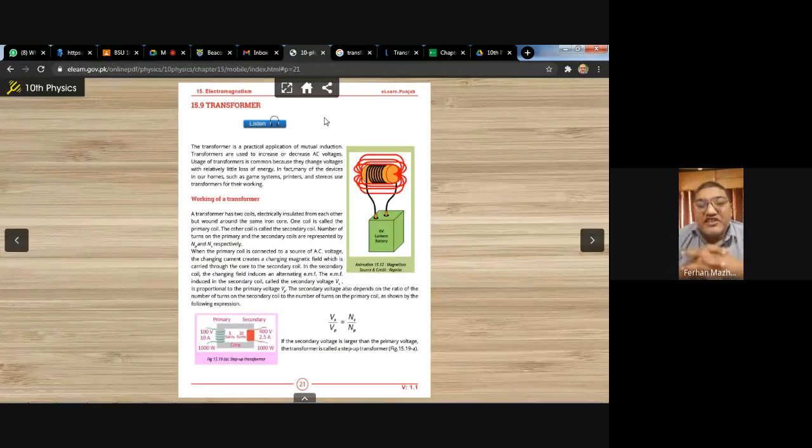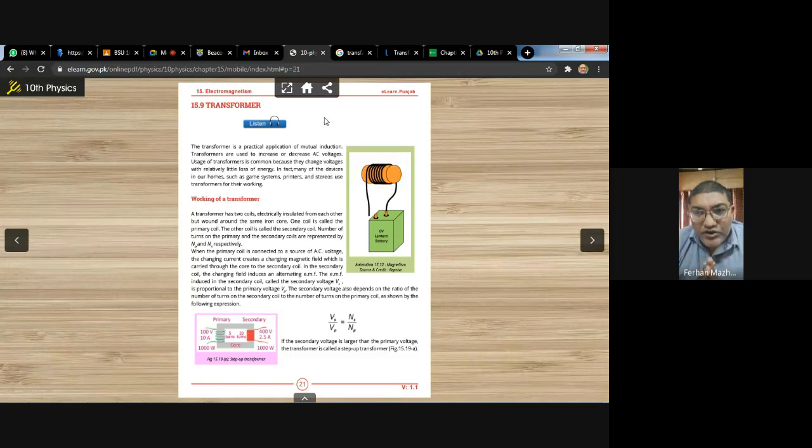Remember this. This equation is very, very important. We have a relationship between the voltages and the number of turns in the coils of the transformer. So Vs divided by Vp is equal to Ns divided by Np. If you put the voltage of the secondary in the numerator, then on the other side, the number of turns of the secondary should also be in the numerator.